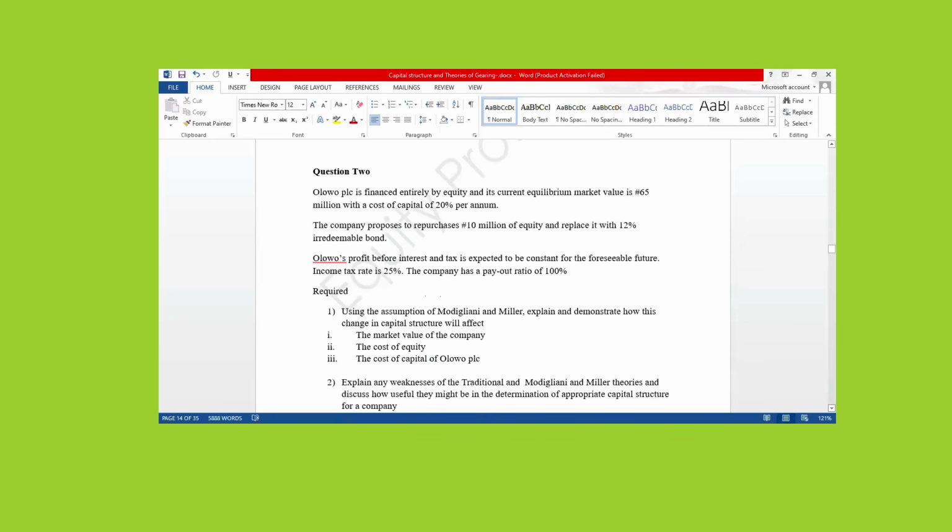Modigliani and Miller says, where there is taxation, the level of leverage will affect market value of the company, will affect cost of equity, will affect cost of capital.